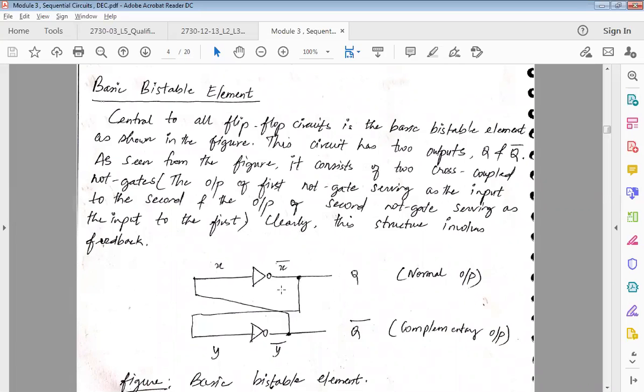As soon as the output comes here, immediately it will enter as my input here, and it's going to come out as the complemented version of this. So if I have x bar here, technically I should be getting x here. This x is connected here, and this y is connected here.